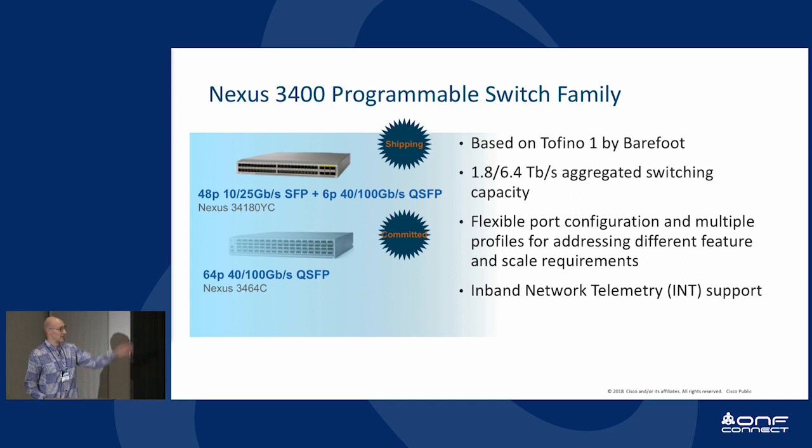And it's based obviously on one of the Tofino 1 chips. We have an upcoming model based on another Tofino chip that has a 6.4 terabit per second switching capacity, which is going to be called Nexus 3464C, and that one has 64 100 gig interfaces.